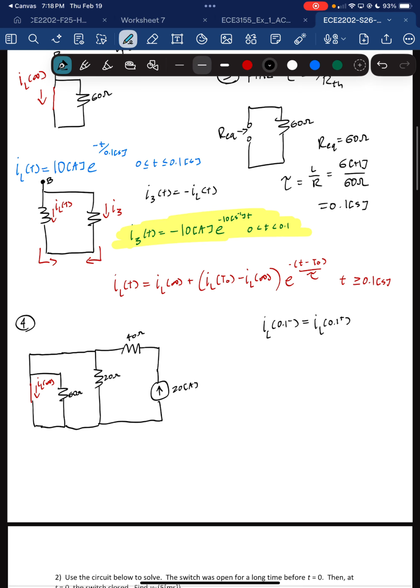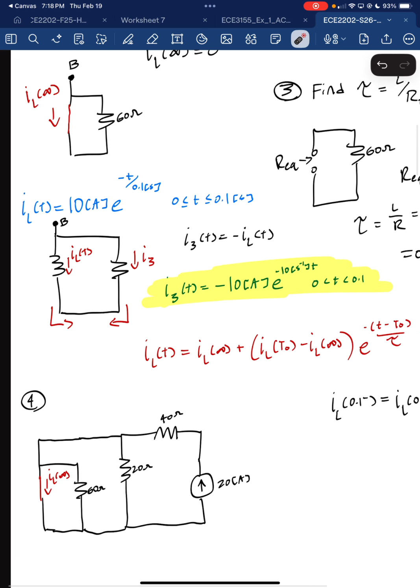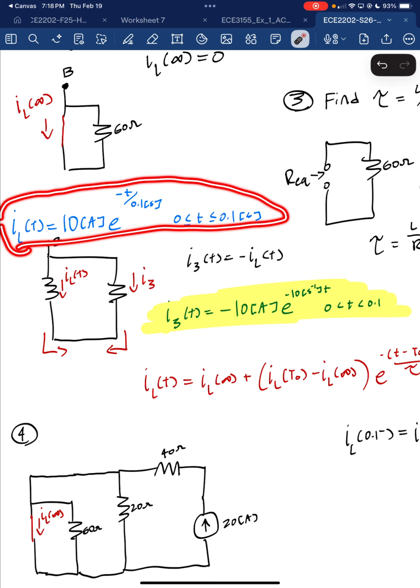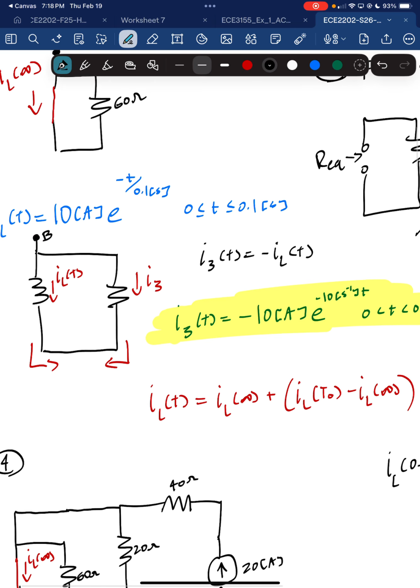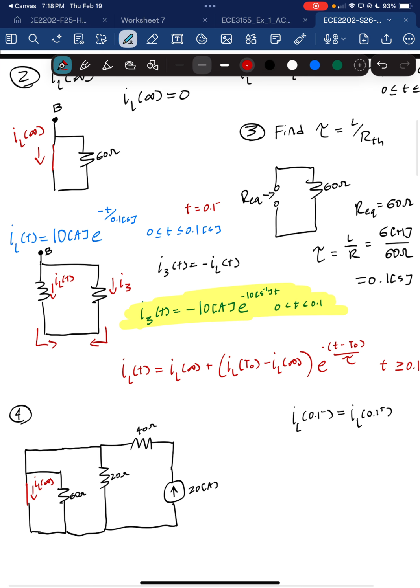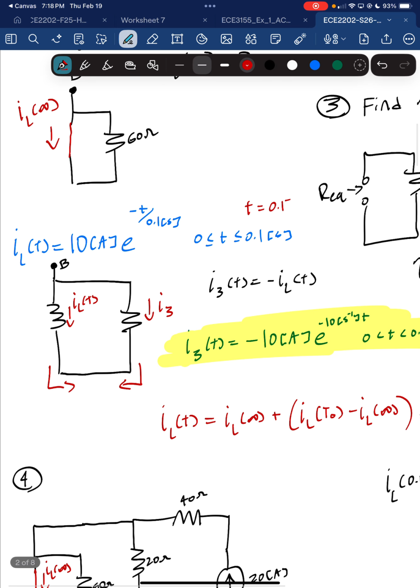So would you also agree with me when I say that this equation describes, or can describe, the current at t equals 0.1 minus? Yeah. This equation for IL of t encapsulates the current through the inductor for this time frame.